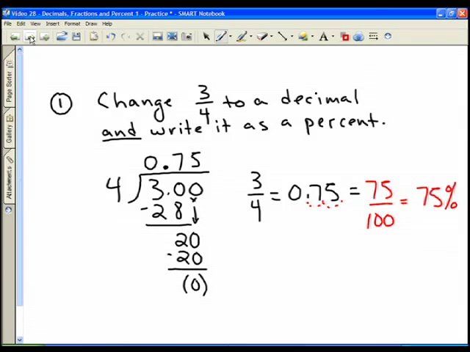So 3/4 is equal to 0.75, which is equal to 75 over 100, which is equal to 75%.